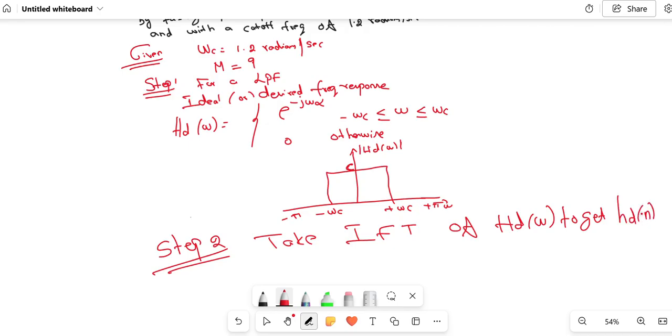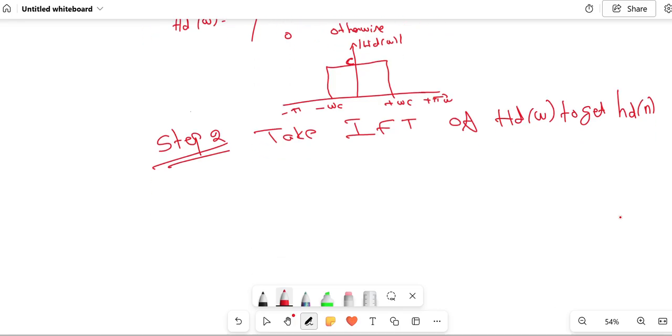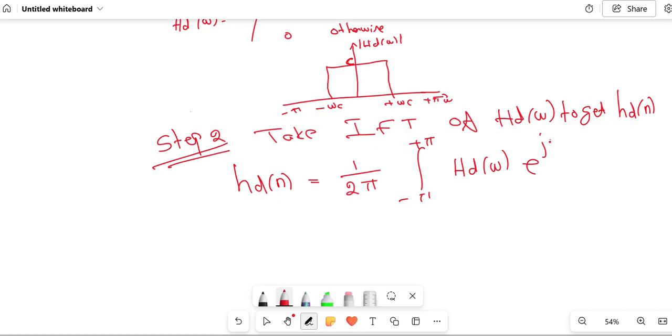Okay, so what is the formula? So hd of n is equal to 1 by 2 pi, minus pi to plus pi, hd of omega into e power j omega n d omega.